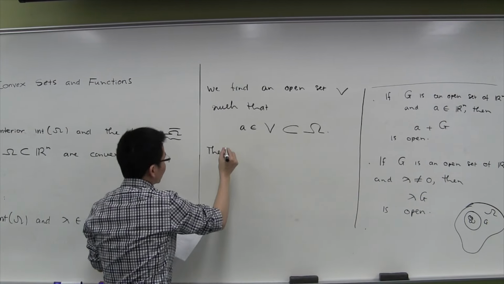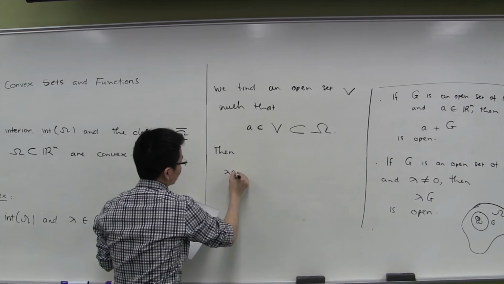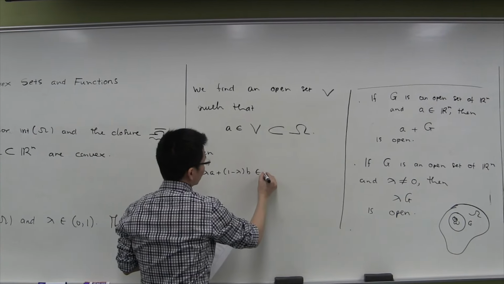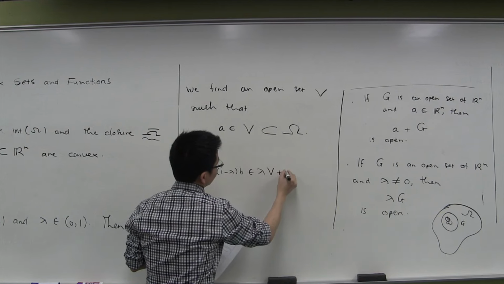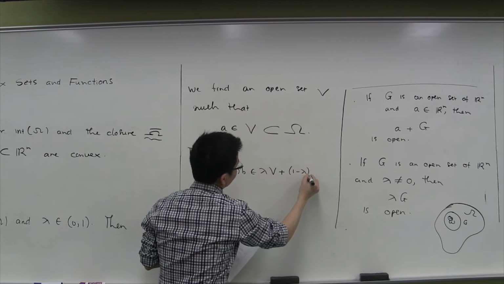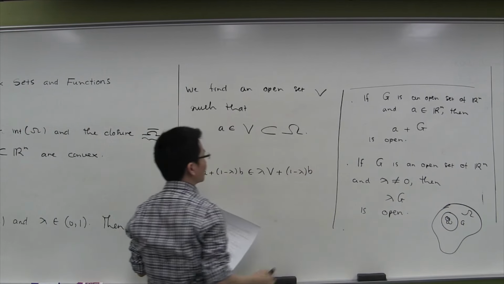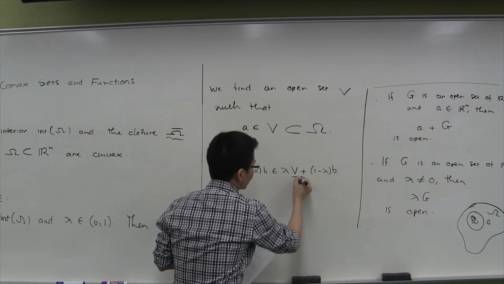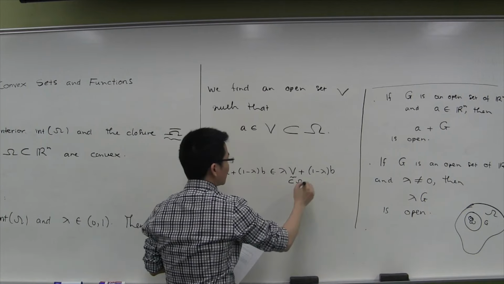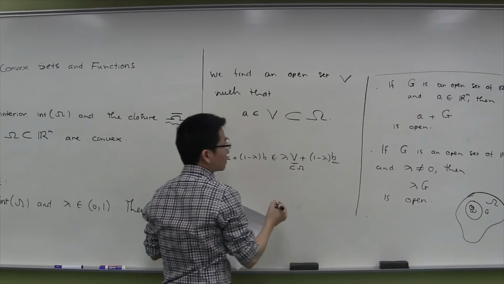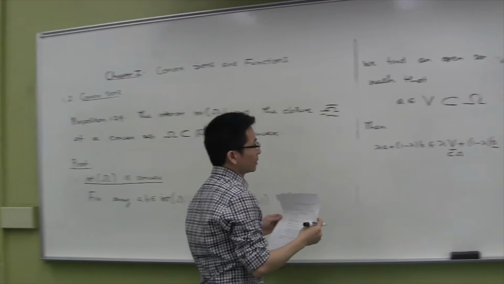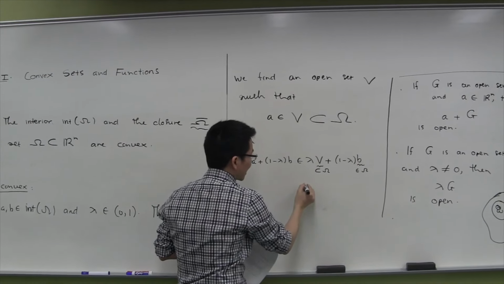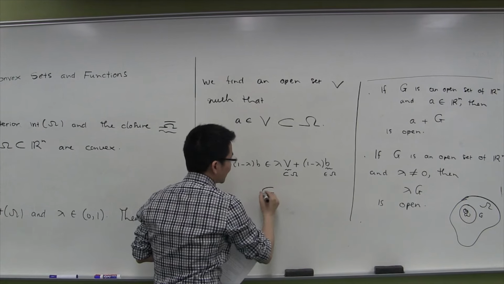Then we see the following: lambda A plus 1 minus lambda B belongs to lambda V plus 1 minus lambda times B. Because V here is a subset of omega, and B belongs to the interior of omega, so it is also in omega, we see that this new set here is a subset of omega.